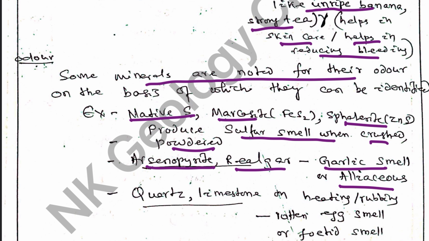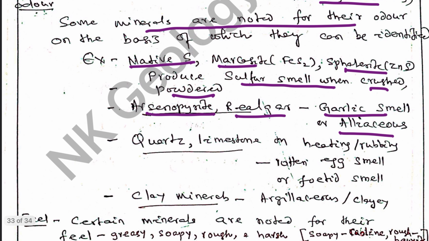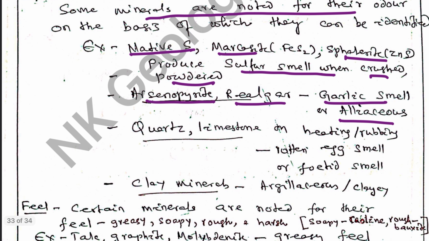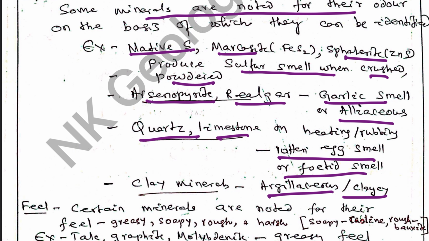Arsenopyrite and realgar, mineral of sulfur, realgar. Quartz, limestones, on heating or rubbing, they provide rotten egg smell, that is foetid smell. Clay minerals give rise to argillaceous smell or clayey smell.